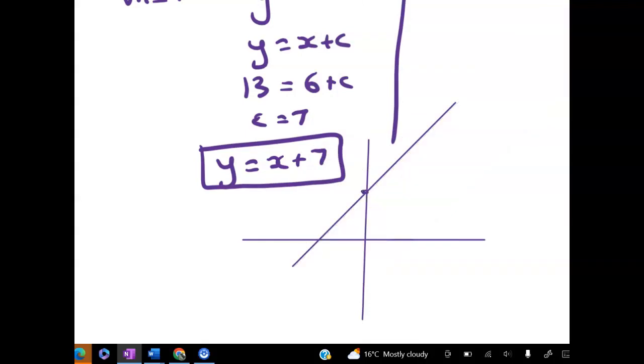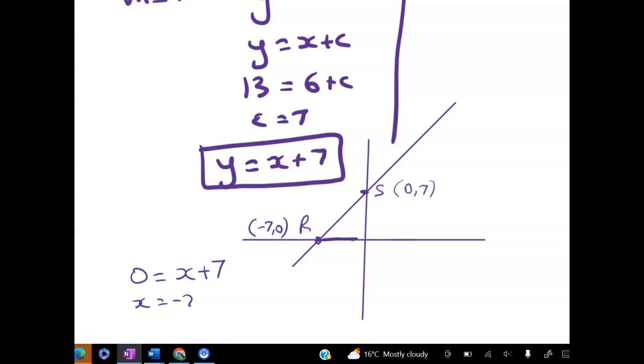This is point, which point was this? This is S, and we know that S is equal to (0, 7) because it's the y-intercept. And this is point R. So R is where y is equal to 0. So y is equal to x plus 7, so x is equal to negative 7. So this has coordinates (negative 7, 0).